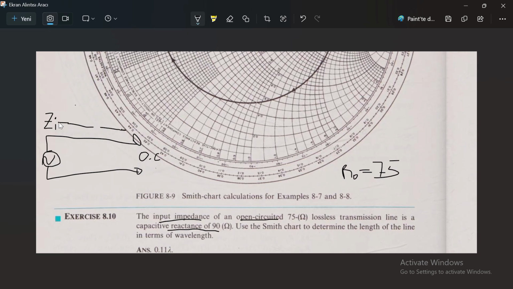We are going to try to find this length. Use the Smith chart to determine the length of the line in terms of wavelength. The Smith chart already gives values in wavelength. So this is L, by the way, and Z input of the open circuit, and we need to find this length.